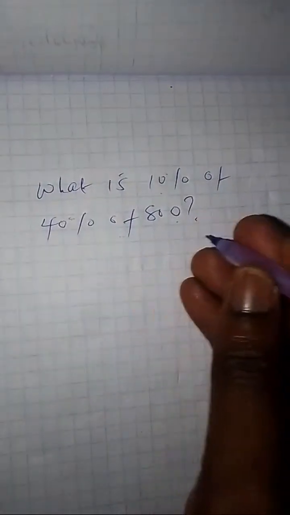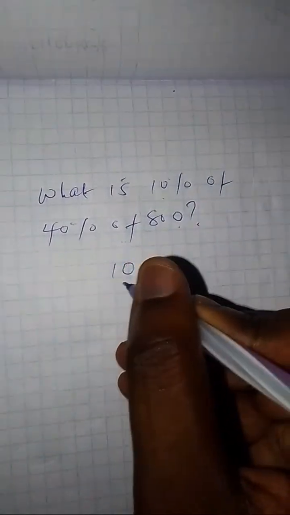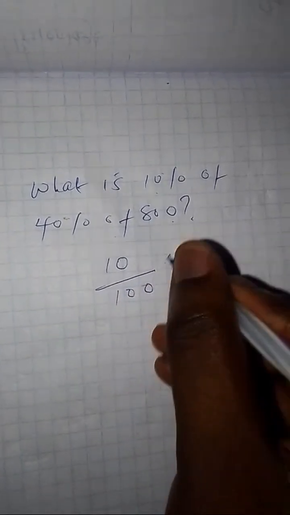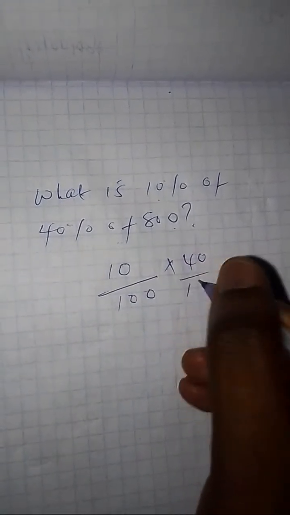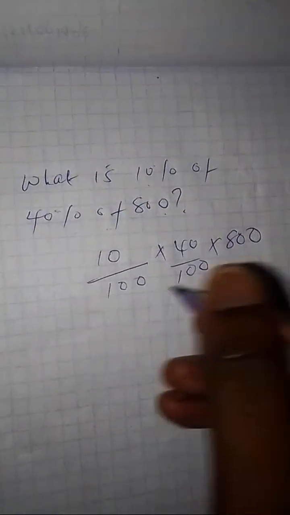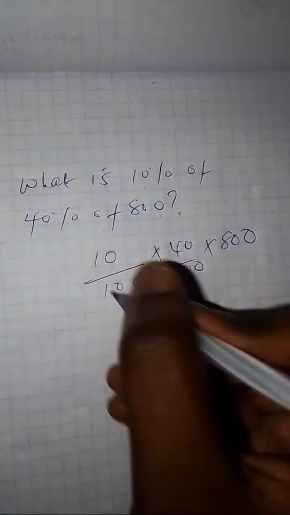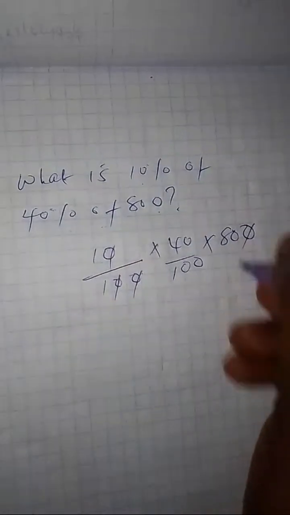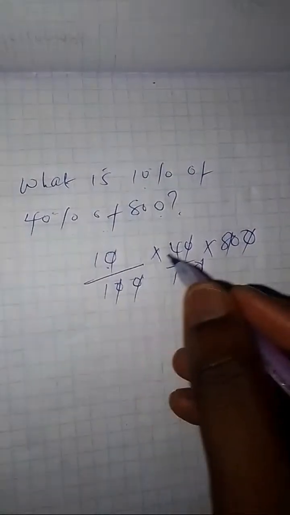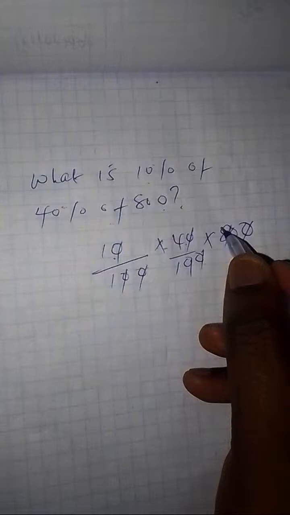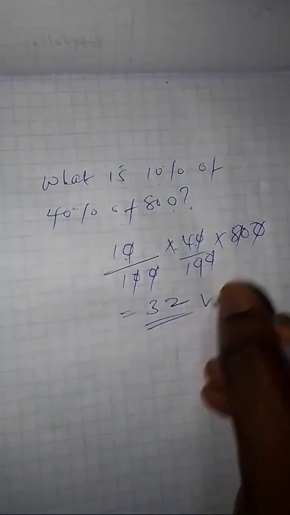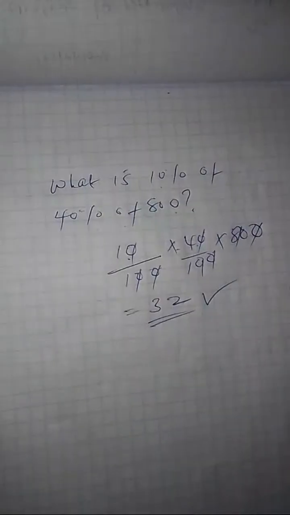So here we shall have this 10%, that is 10 out of 100 multiplied by 40 out of 100 multiplied by 800. So here we shall have 1, 1, 1, 1. So 1 multiplied by 4 multiplied by 8. And then here we shall settle at 32.